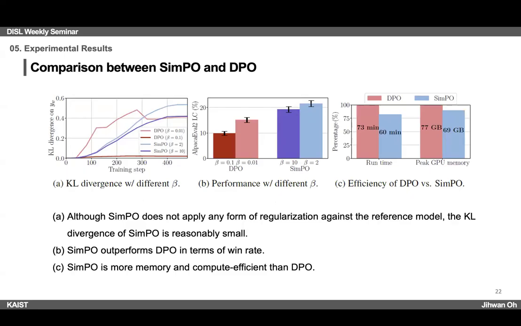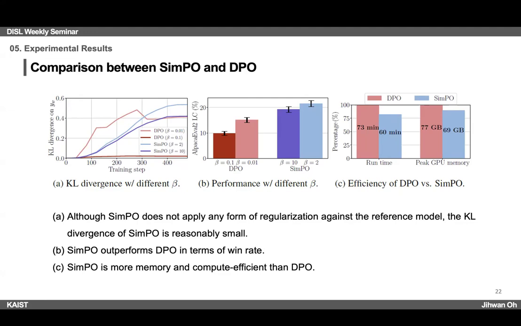And this slide compares SimPO and DPO along three dimensions: KL divergence, performance, and training efficiency. First, in plot A, they track the KL divergence between the policy and reference model across training. Authors argue that even though SimPO does not include any explicit KL divergence, it still maintains a low KL divergence throughout training, especially compared to DPO.